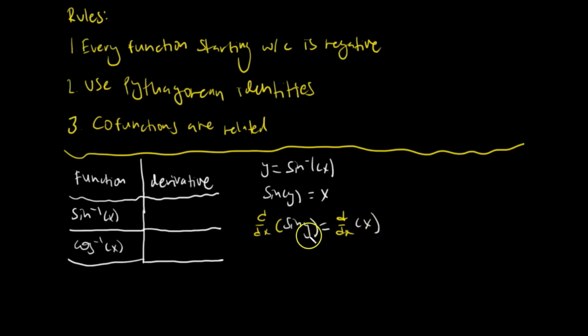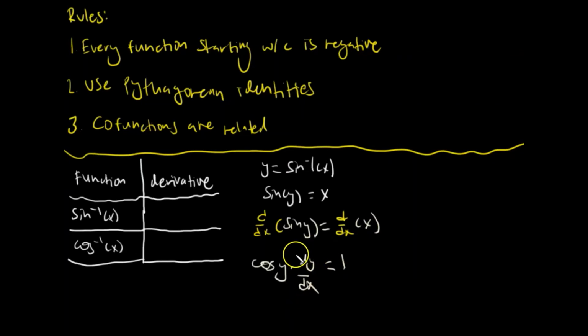And if we actually take the derivatives of these, the d dx of sine y is cosine y times dy dx, because the derivative is with respect to x, not y. And then d dx of x, because the derivative is taken with respect to x and we're dealing with a function of x, we just take the derivative of it with no extra term, so the derivative of x is just 1.